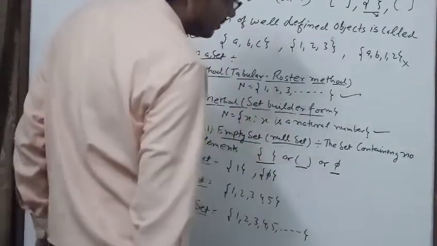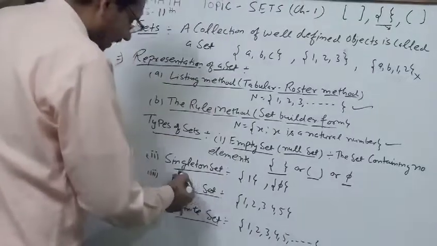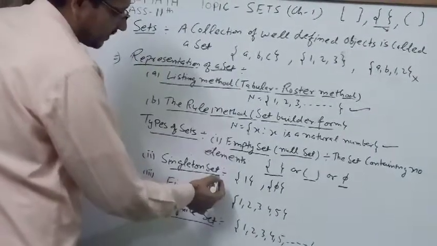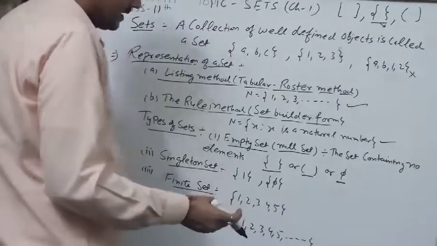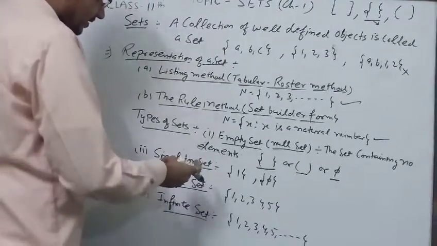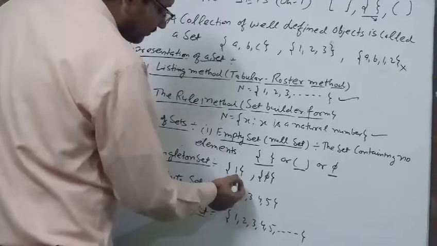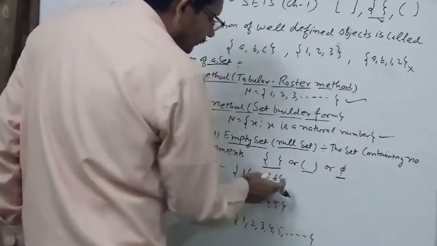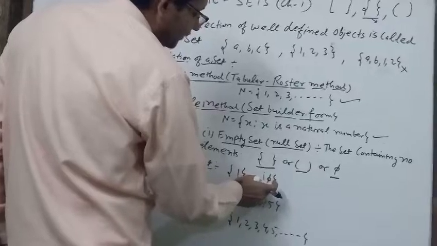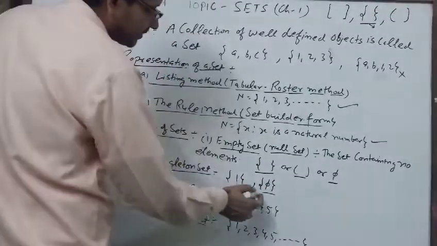This notation is called phi. Next, the singleton set. If in a set only a single element exists, then it is called a singleton set, like one single element. If we put phi in the brackets, then it is also a singleton set.